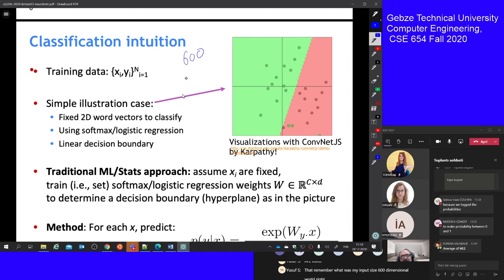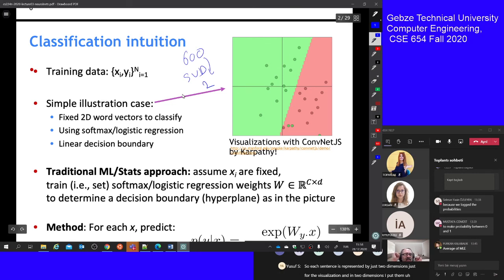I used singular value decomposition to drop from 600 dimensions to just 2 dimensions. So each sentence is represented by just 2 dimensions, just for the visualization. I put them on this 2-dimensional world. This is dimension 2. This is dimension 1.